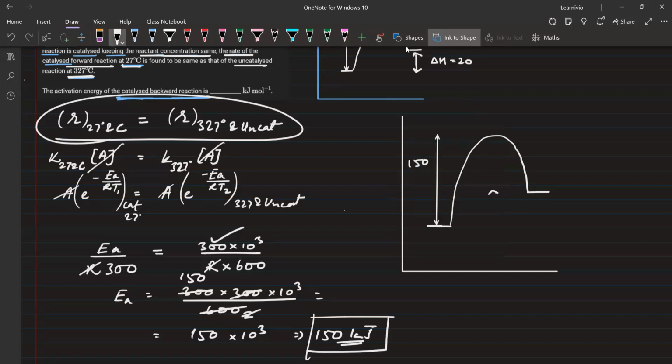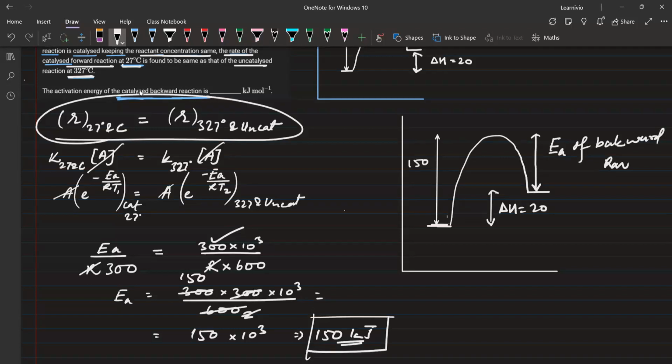And we know that delta H is equal to 20. Now this is the forward reaction activation energy, so this will be the activation energy of the backward reaction. This is forward because they are going from reactant to product. Product to reactant will be backward. Make sense? Yes or no?